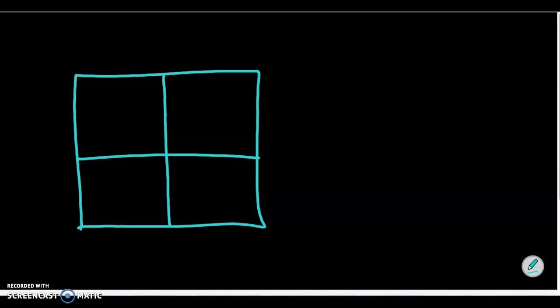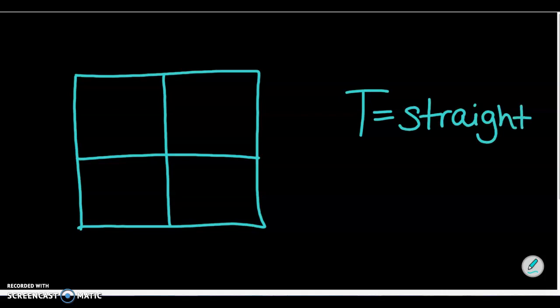So again, we have capital T is going to represent our straight thumb. Okay, and then our lowercase t is going to represent our bent thumb.